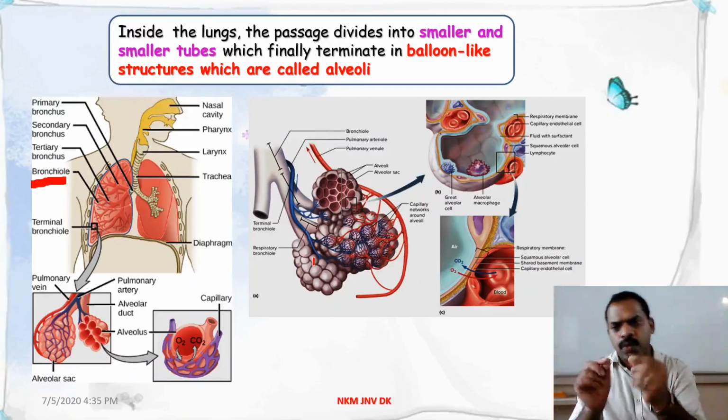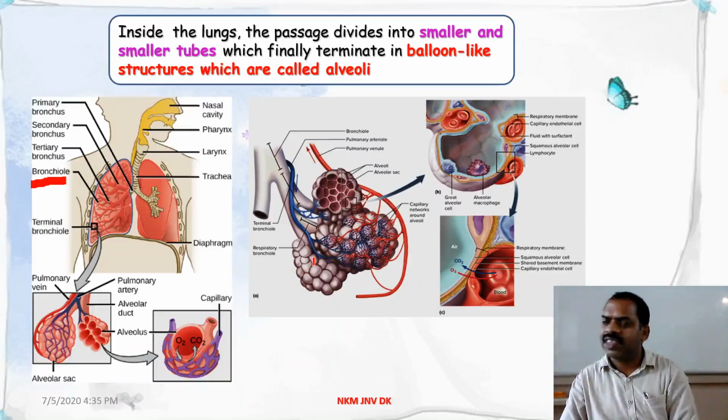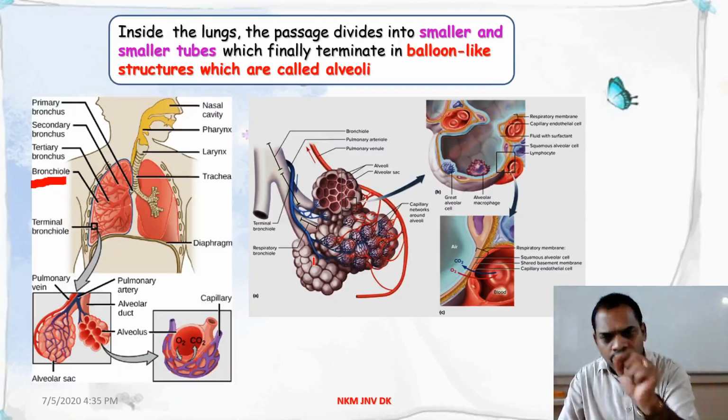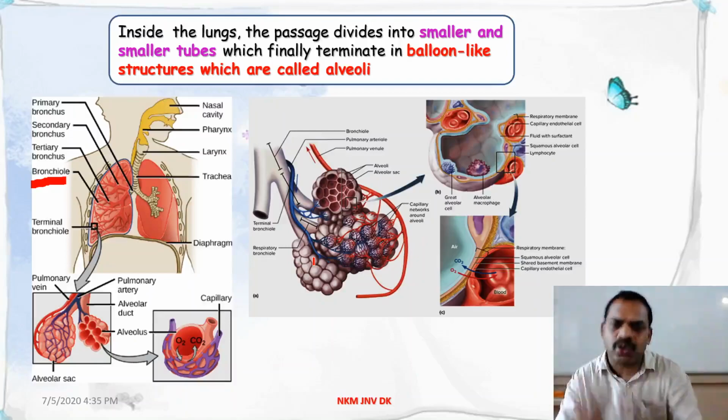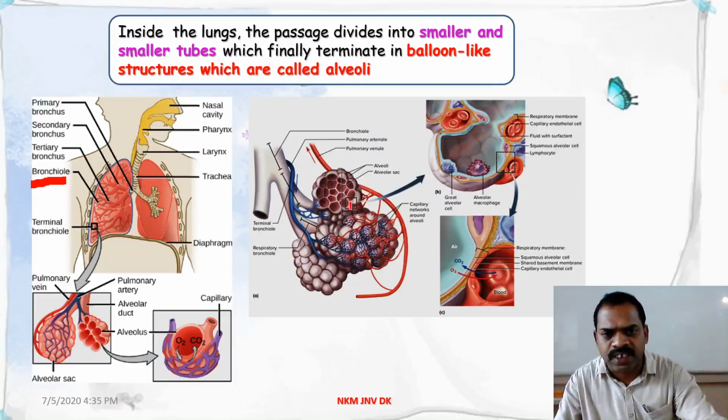If you break open a piece of thermocol, you can see small balls stuck together. Like that, here small globular structures stick together. But every globular structure has an opening where the pipe is. That is, the bronchiole opens to every one of these small openings.